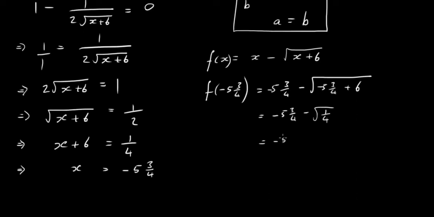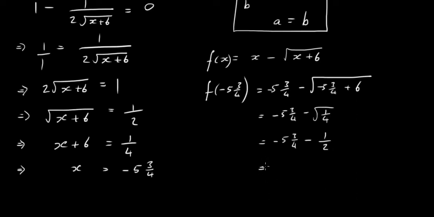Okay, so here we've got minus 5 3/4 minus the square root of a quarter. Well, what do you have to multiply by itself to give you a quarter? That would be just simply a half. So the square root of a quarter is a half. Half times a half will give you a quarter.